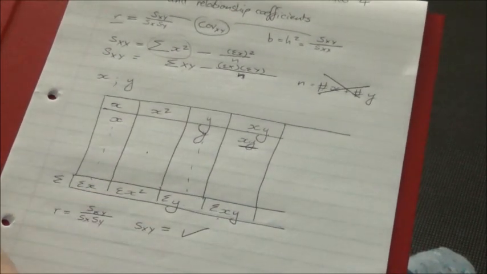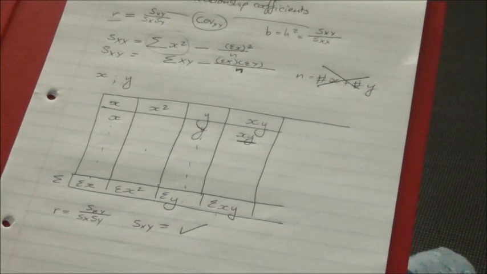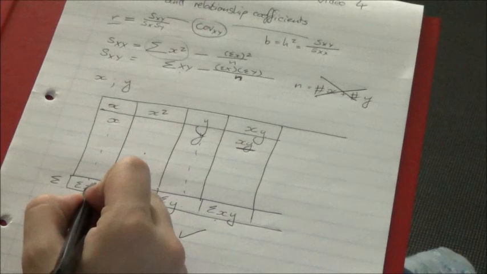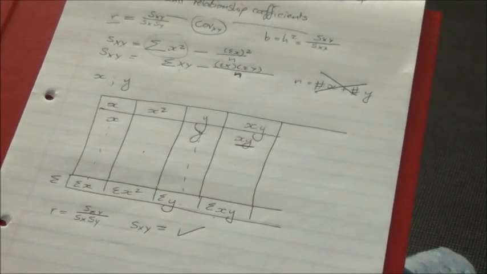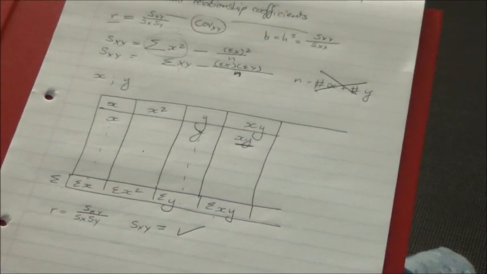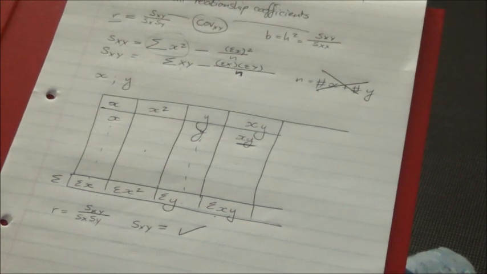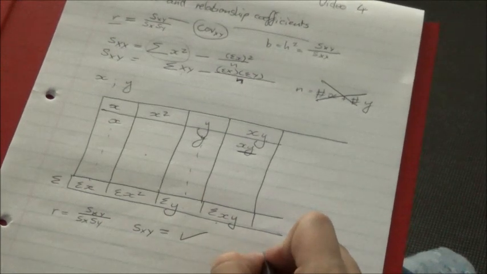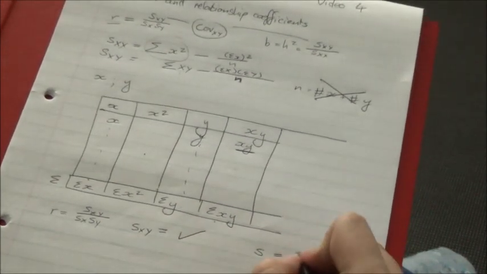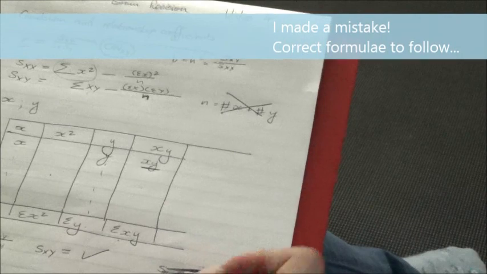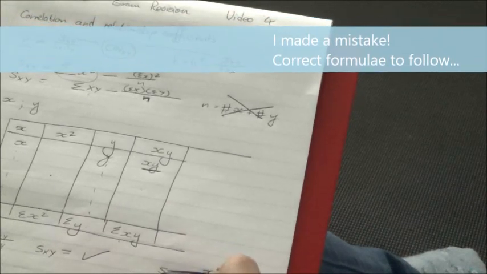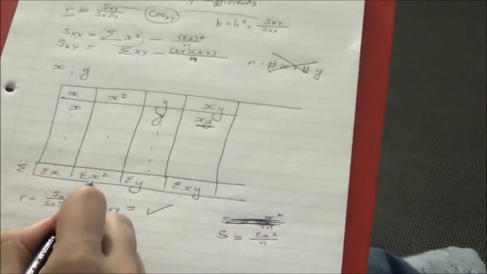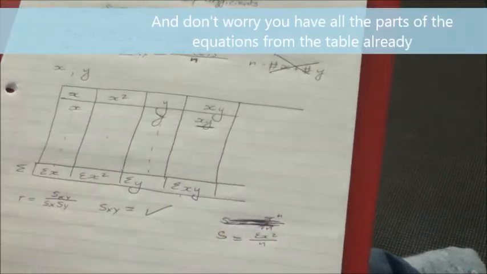The bottom part of your equation is the standard deviation of x and y. That is not difficult. All you have to do is put these values into your calculator and calculate your standard deviation. If you don't have your calculator, you can use the normal standard deviation formula, which most of you should know: the square root of summation of x squared over n. Do we have the summation x squared? Yes, over n. Fantastic.